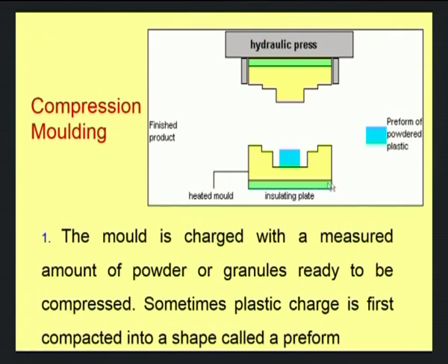And then the bottom mold is normally heated to a temperature near the melt temperature of the resin. Sometimes this raw material need not be powder or granules. It may be compacted into a shape which is normally called a preform. A preform could also be kept instead of plastic materials in the form of pellets.